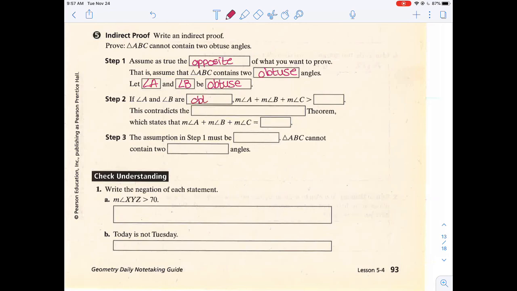If A and B are obtuse, then the measure of angle A plus B plus C is greater than 180 degrees, which contradicts the triangle angle sum theorem that says angle A plus B plus C has to be equal to 180 degrees. So the assumption in step 1 must be false. Triangle ABC cannot contain two obtuse angles.